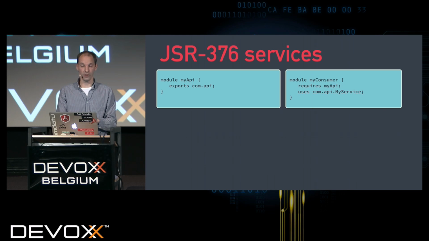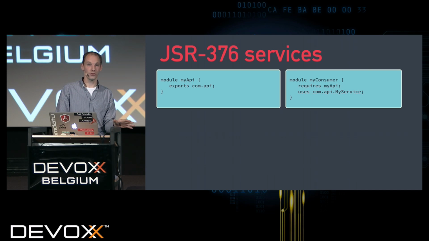Now, if you want to have a consumer module, you can just declare another module, in this case myConsumer, and it requires myAPI because it needs to see the interface type that lives in the com.api package. But then you see there's a new statement added in the module descriptor, uses com.api.MyService. And this uses expresses to the module system that this module is interested in instances of the com.api.MyService interface.